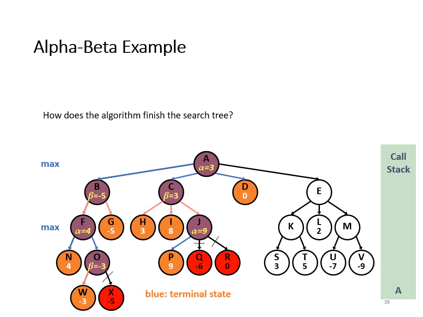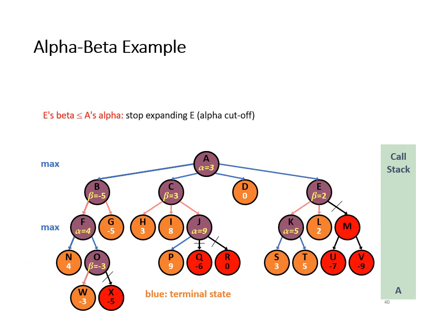So how does the algorithm finish the search tree? By exploring E. So now you have to explore E. First of all, we have done this in one slide only, but you have to do it like this.